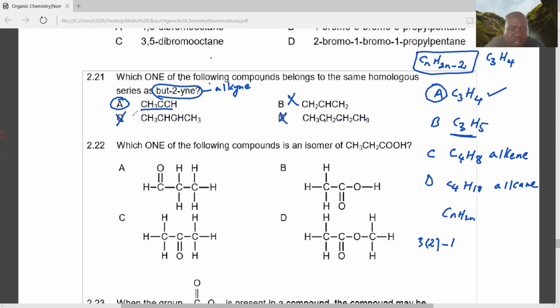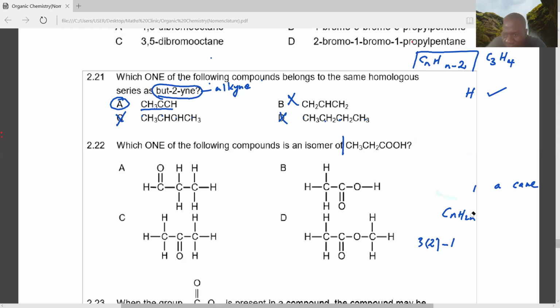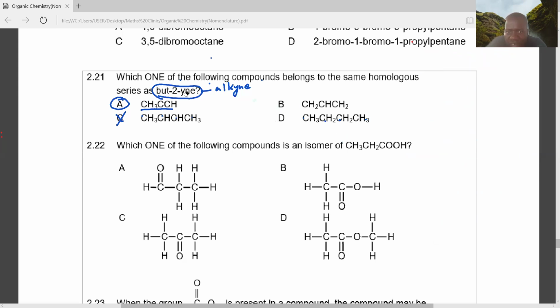Okay? Right, then 2.22, which one of the following is an isomer of this? First of all, you must understand what this is. This is a carboxylic acid. Why am I saying it's a carboxylic acid? I spoke about the functional group of a carboxyl: a carboxylic acid has the carbonyl bonded to a hydroxyl group.